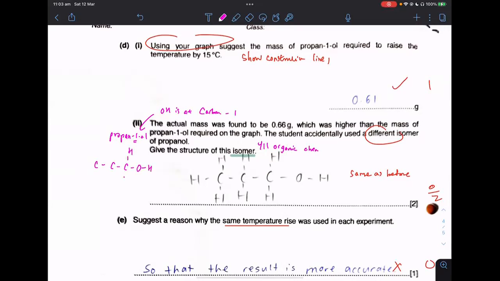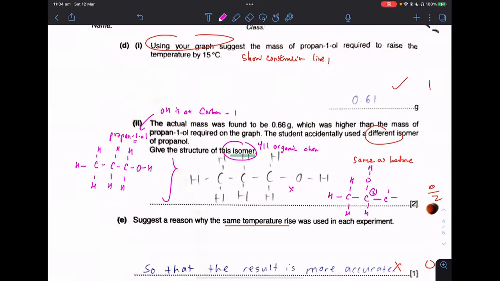That is not the answer for this question. The answer is actually the other isomer. What I should have drawn is not this. I moved the OH to carbon 2, so it's at position 2 now. It's in the middle. If you count the total number of carbons, it's still 3 carbons.